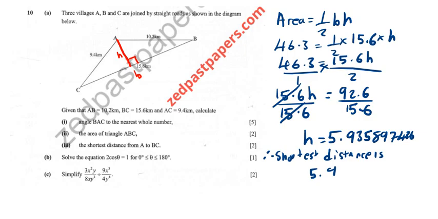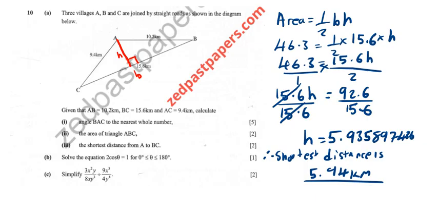Now we can round off to three significant figures, so we say 5.94, or if you want you can even say 5.9, but let's just do three significant figures, which is the standard one. So 5.94 kilometers, like that. So this is your shortest distance.